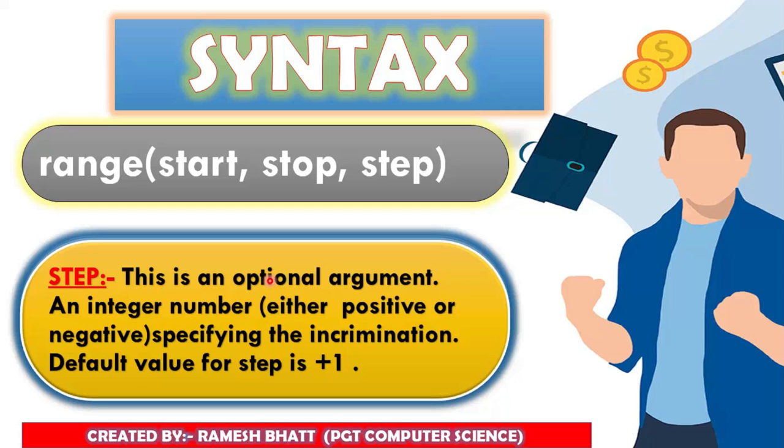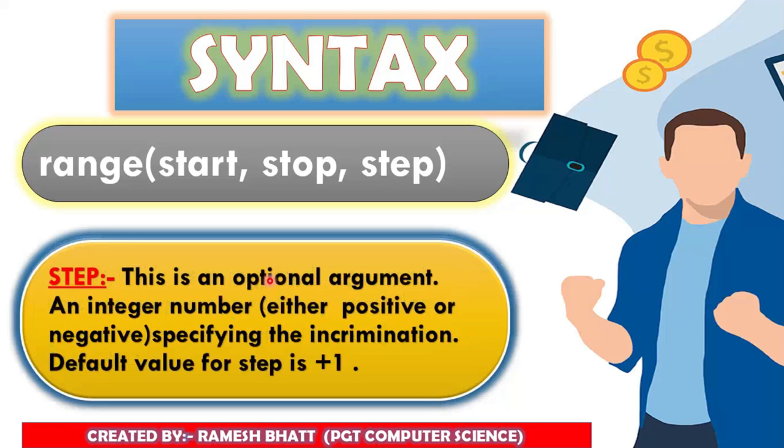It's up to you whether you want to provide the value or not, but if you don't provide any value, then by default it will be incremented by +1, and if you provide any value, then range will be incremented by that particular value. Okay, so we will see some examples, and after that this function will be more clear to you.